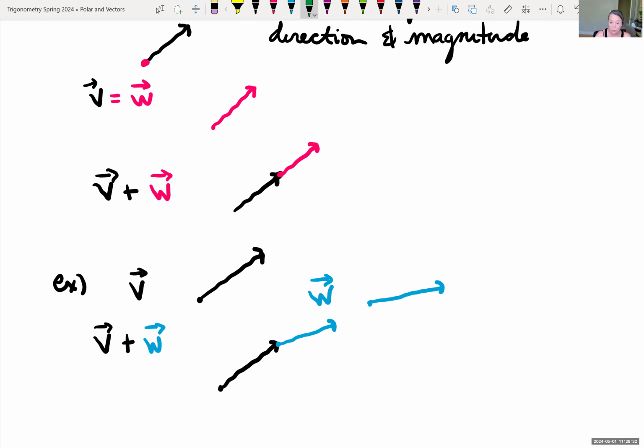We can say that the resultant, the sum, is that vector that starts from the initial side of the first vector v to the terminal side of our second vector w. This would be the resultant of v plus w.